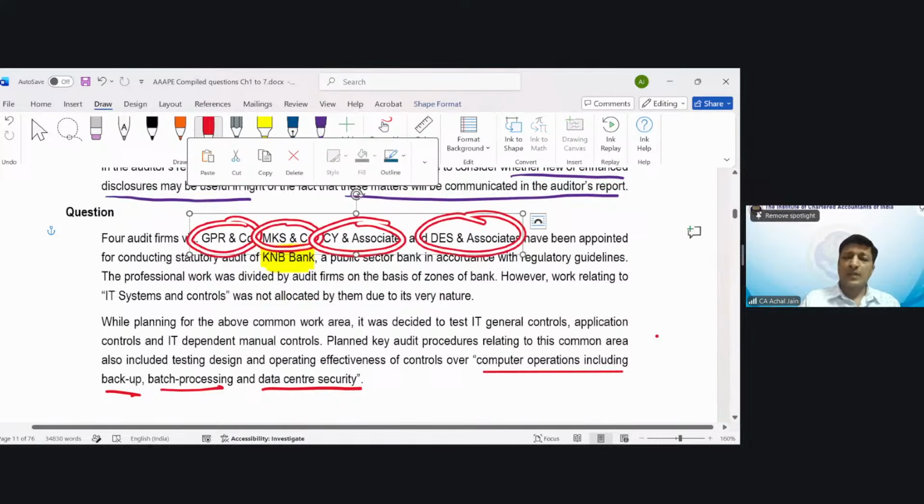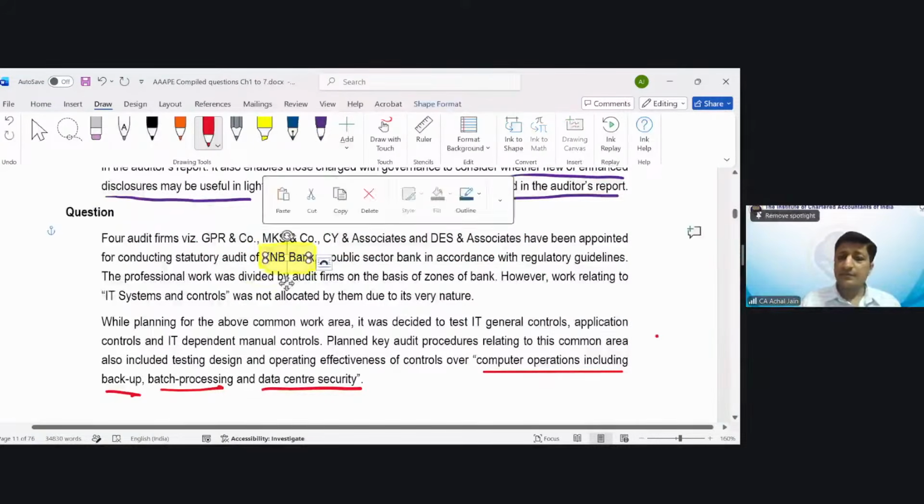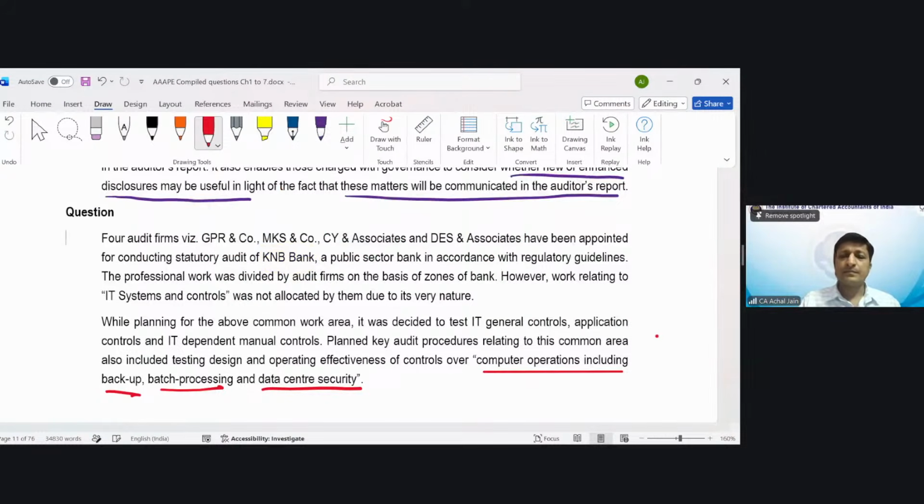Now, let's look at the next one. Four audit firms, which are those? GPR and Company, MKS and Company, CY and Associates, DS and Associates.